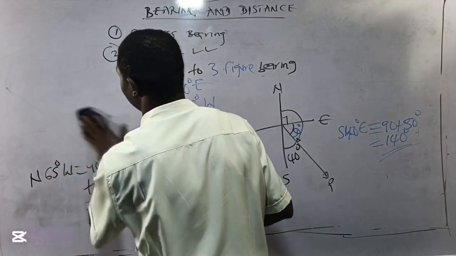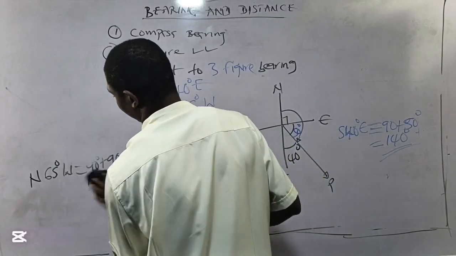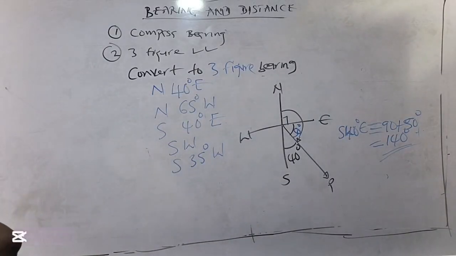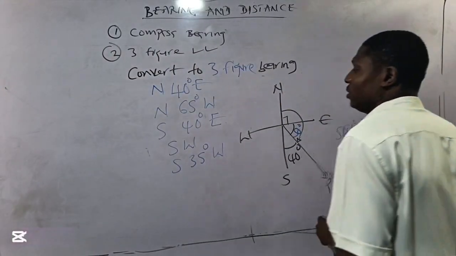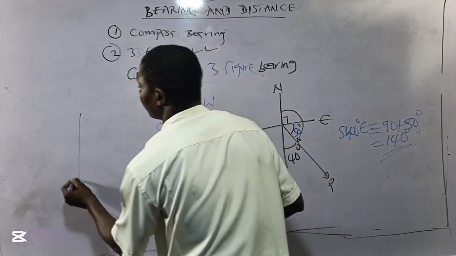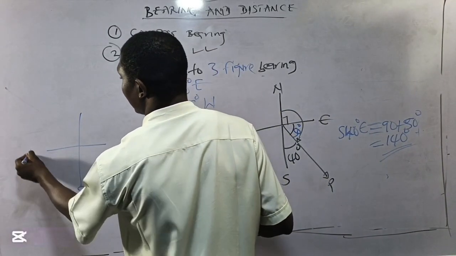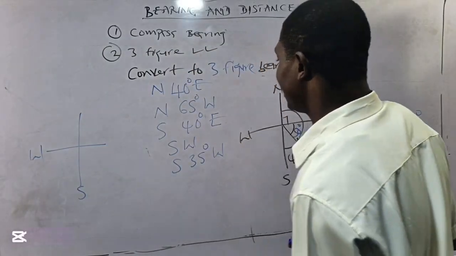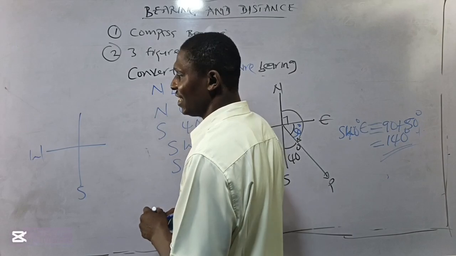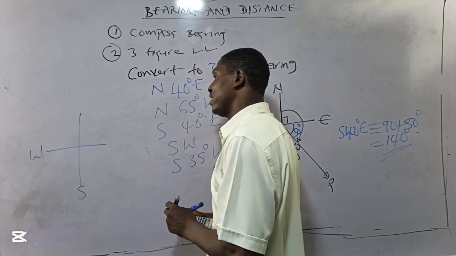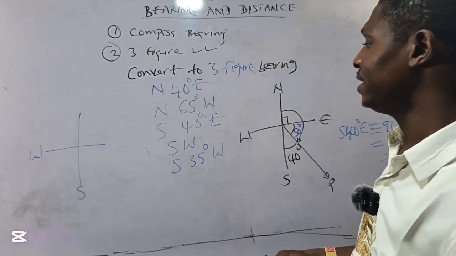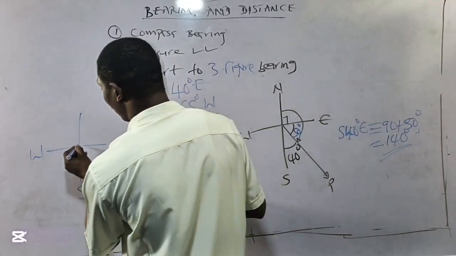Now we have southwest. This is south and this is west. For southwest, I told you, since there's no angle in between, it means the angle of southwest was bisected. The angle of southwest is 90 degrees, so bisecting it will give you 45 degrees each.